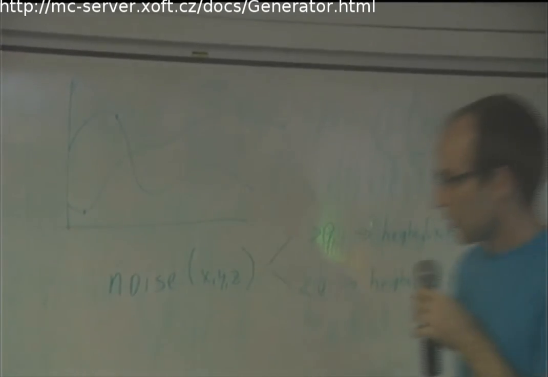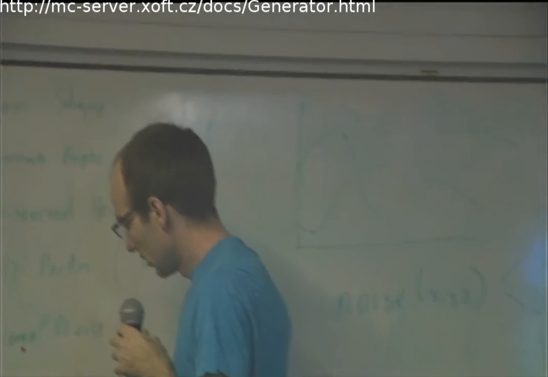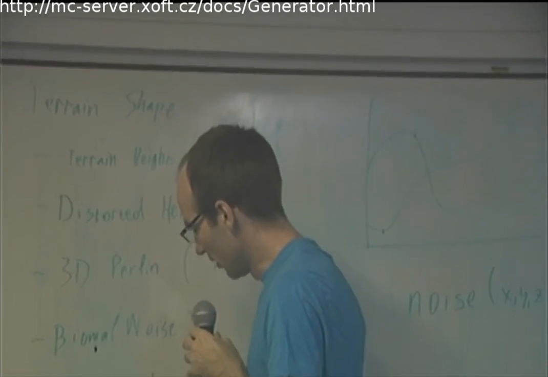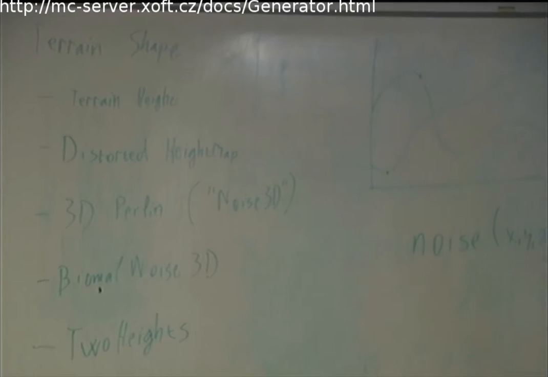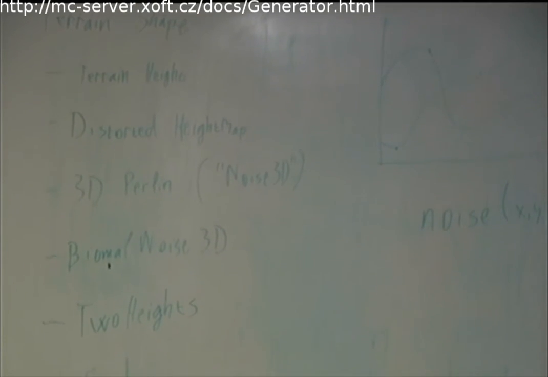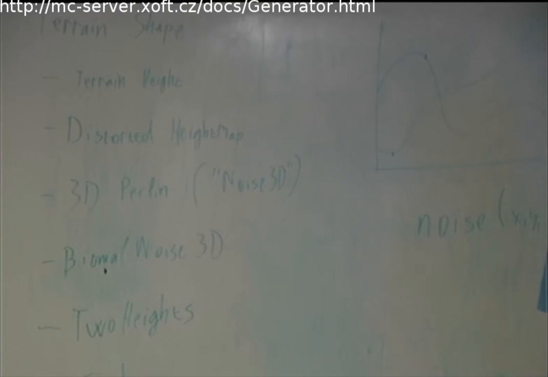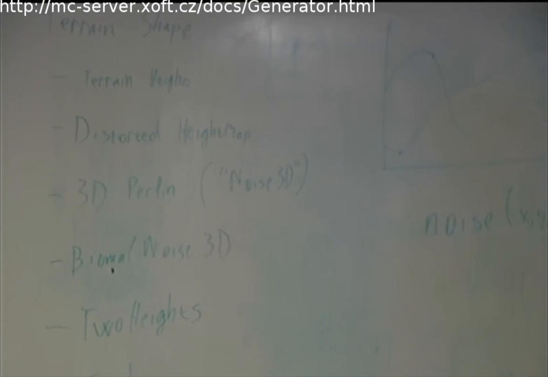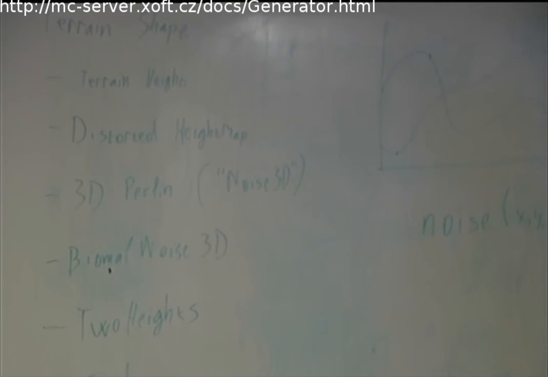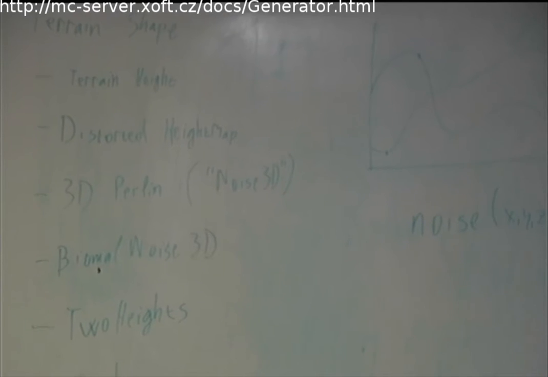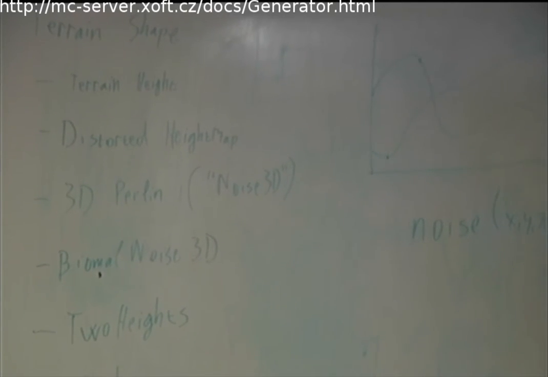And the last one is the end. This generator is used for the end dimension of Minecraft, and it's basically a 3D noise that uses a distance from the spawn as part of the noise.